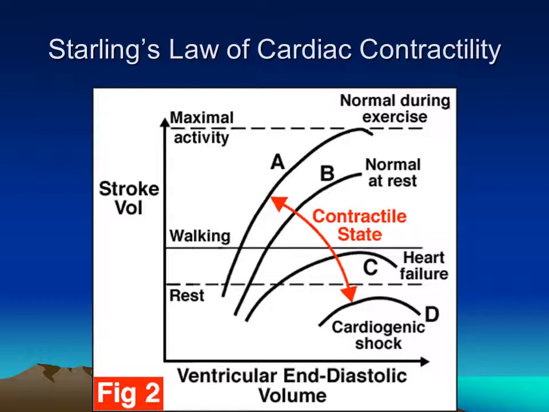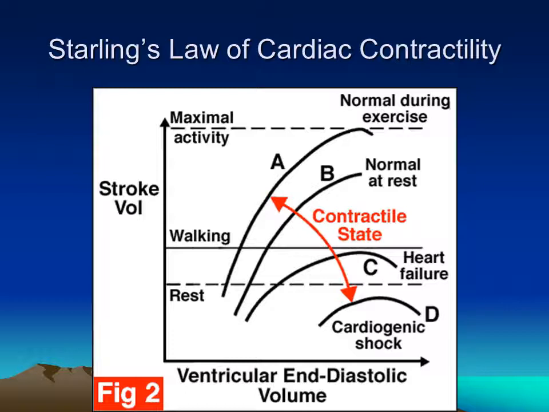As the stroke volume decreases, the vertical axis, and as the ventricular end diastolic volume decreases, the horizontal axis moves to the left. The patient then slips again into cardiogenic shock.